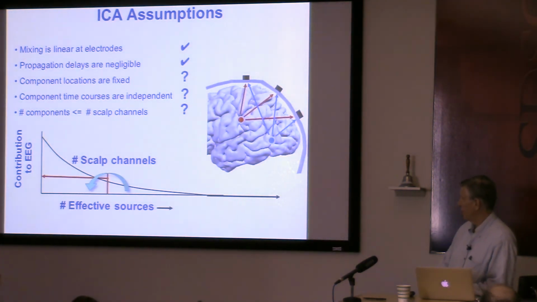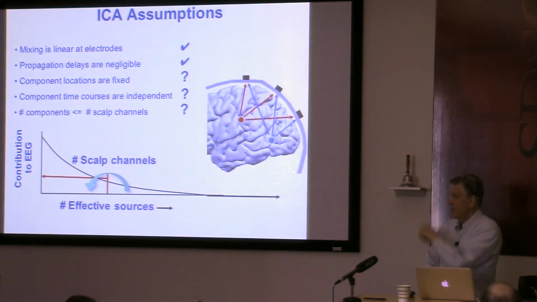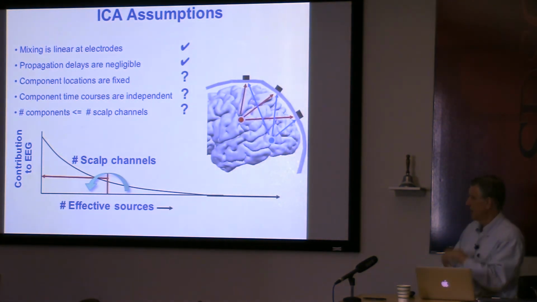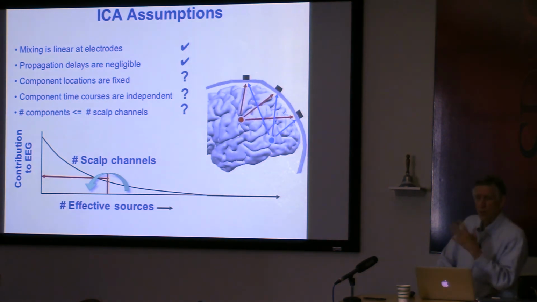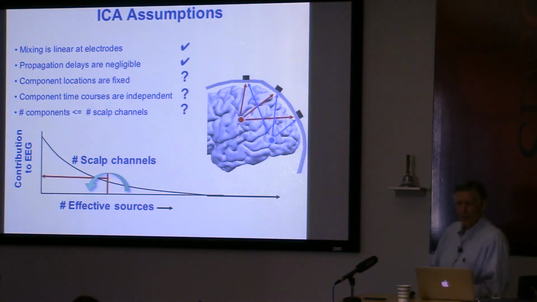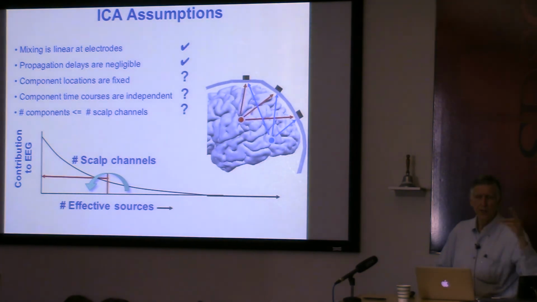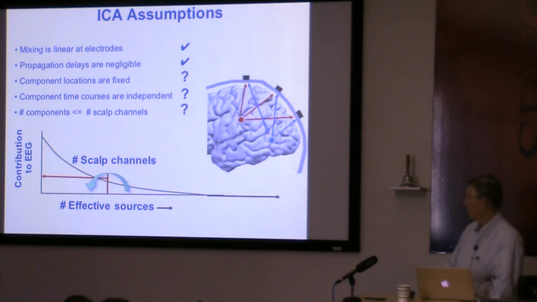So the only question is then how much of that gets folded back in? We don't have ground truth, but our heuristic evidence is that the dozen or so brain processes that we typically extract from EEG data sets really account for a large fraction of the variance in the EEG that's not accounted for specifically by eye blinks and muscle, things we can recognize as non-brain or artifact processes.